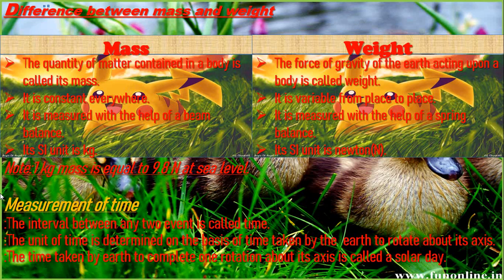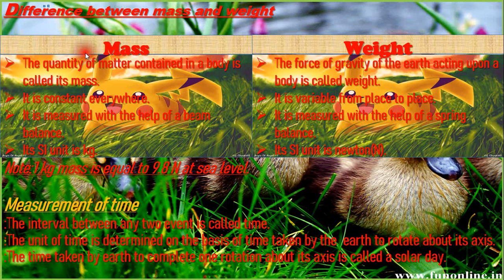The mass and weight are quite different things, but due to our day-to-day life, we have become familiar with the concept that the weight of an apple is 1 kg, but it's actually its mass, and the weight of the 1 kg apple is 9.8 Newton.